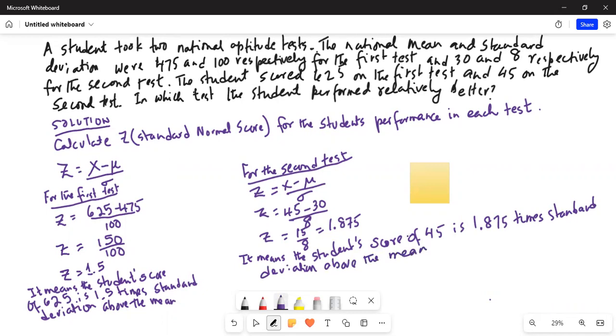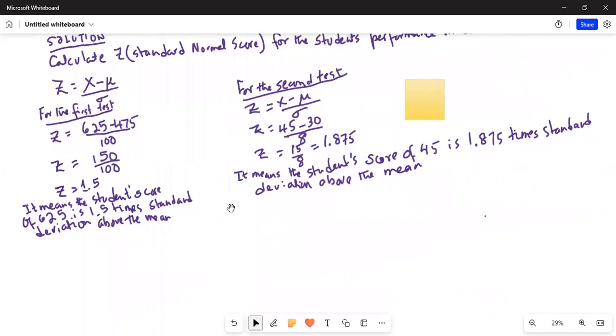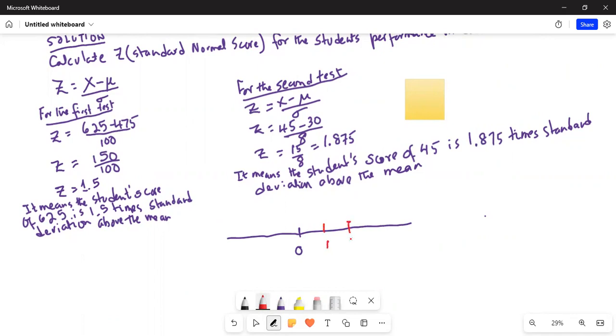So if I draw a number line, just let me create some space. Okay. So this is a number line. Let's say 0 is over here. So the first score is 1.5. This is 1 and this is 2.